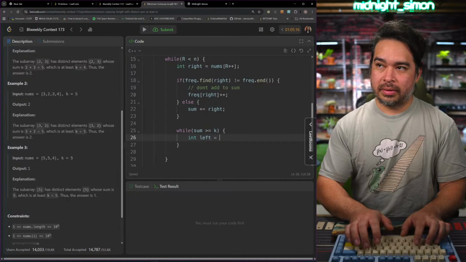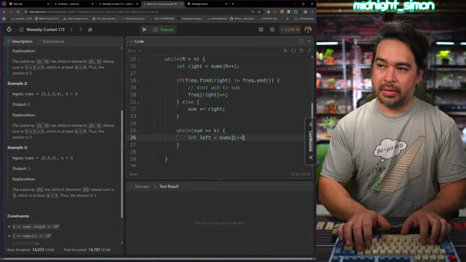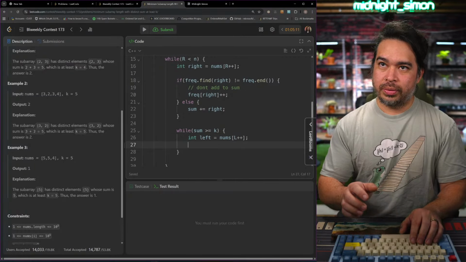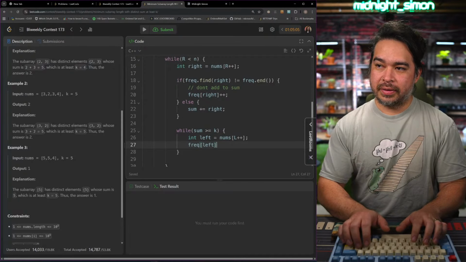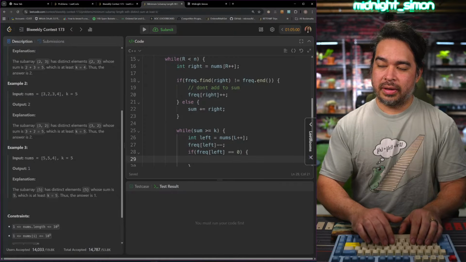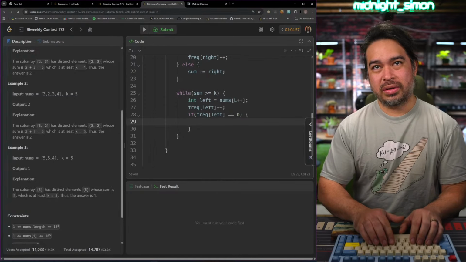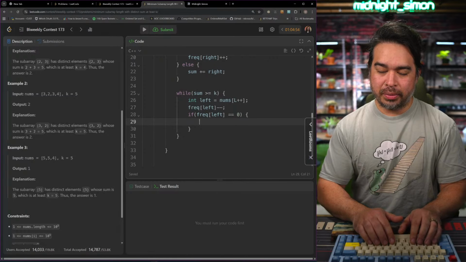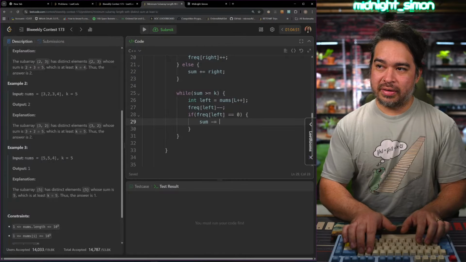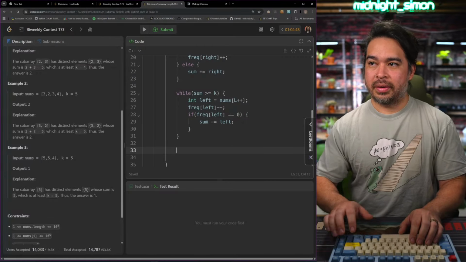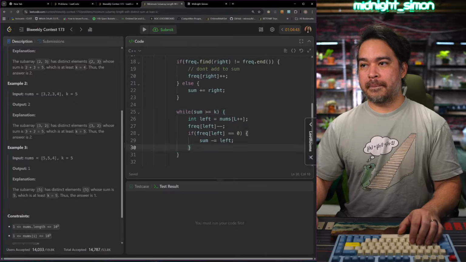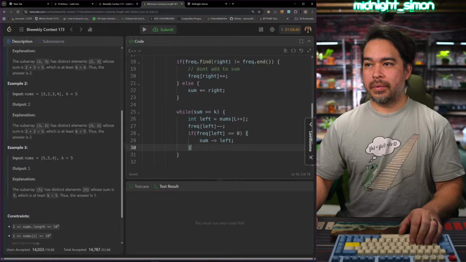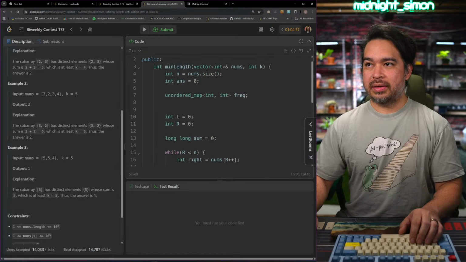Should I do if or while? Then this is my left number. And then I want to decrement the left. And then if we decrement it to 0, then I guess we don't really care about removing it from the map, but we do care about decrementing it from the sum. And then this is that.